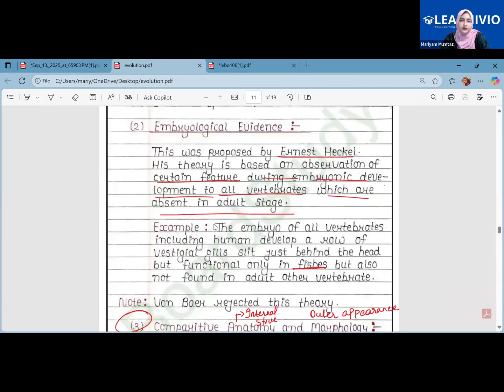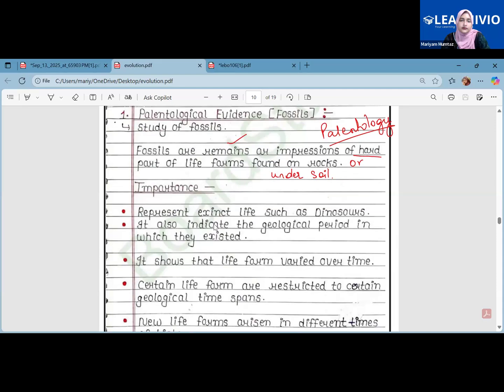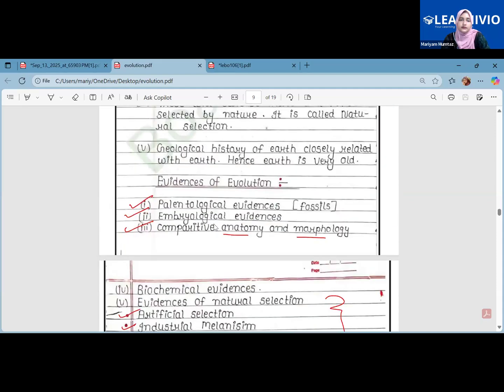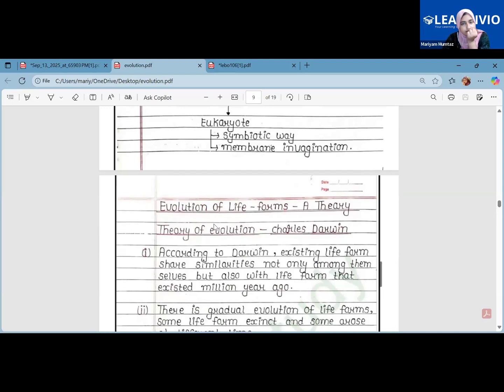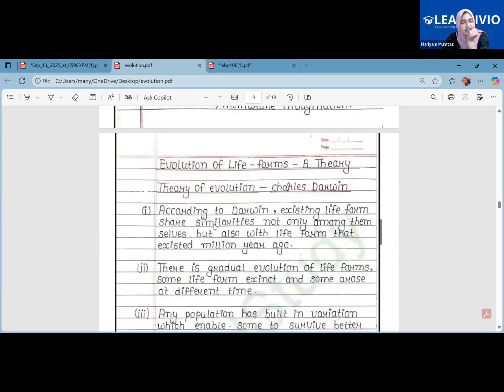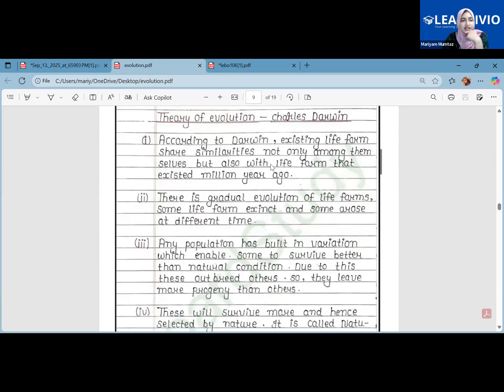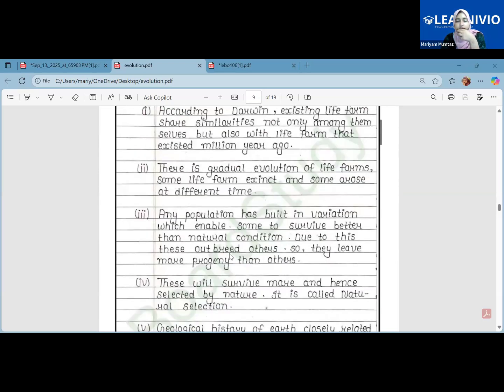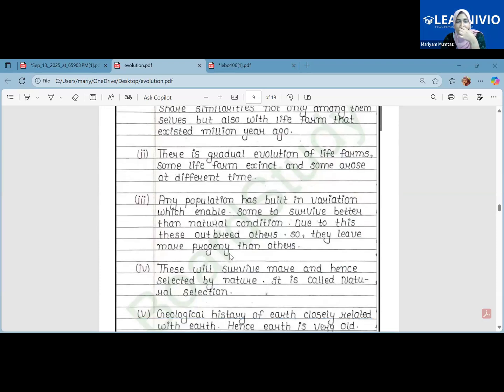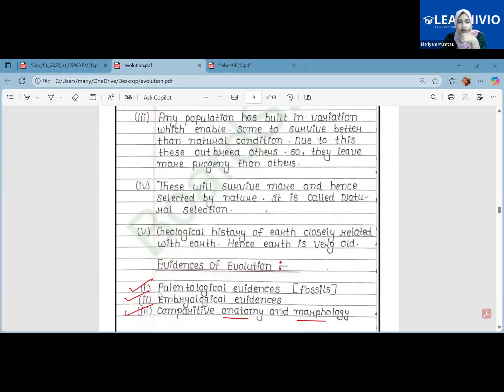Evidence of evolution, were they done or not? This is where you were: theory of evolution by Charles Darwin. How many points were done? 3. Okay, now you note down. Tell me once you're done, and write a little quickly, and then we'll move on to the next topic.